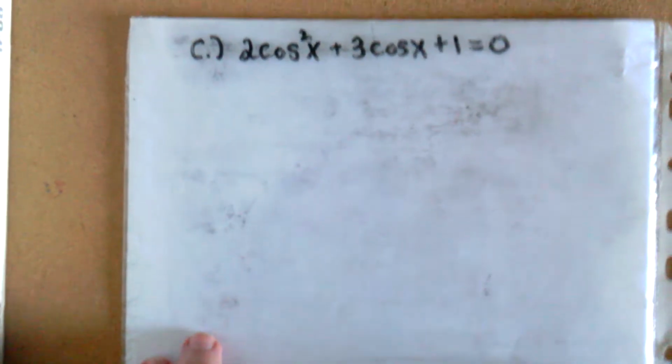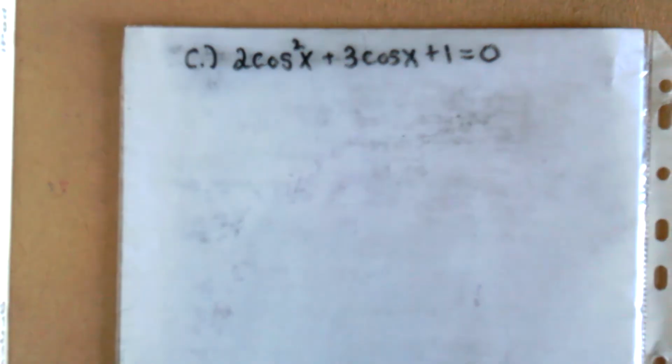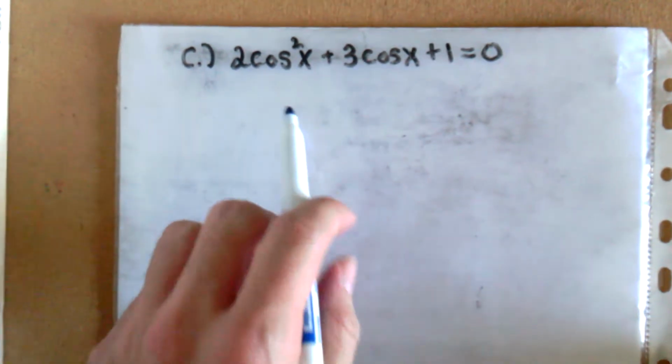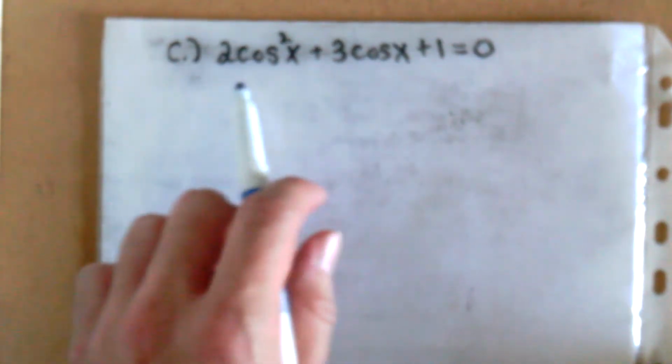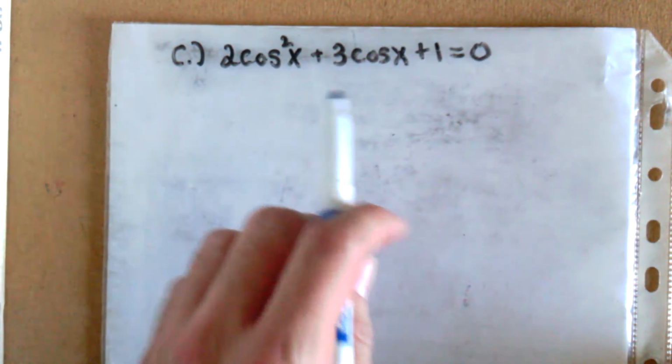So the first thing I'm going to do is replace cosine with our variable x. But first I'm going to turn over our page so we have more room to write on. Okay, so again, we're going to replace cosine with a variable x, like we did in the last problems, just to make solving the equation easier, because we're more used to working with variables than we are with trig functions.